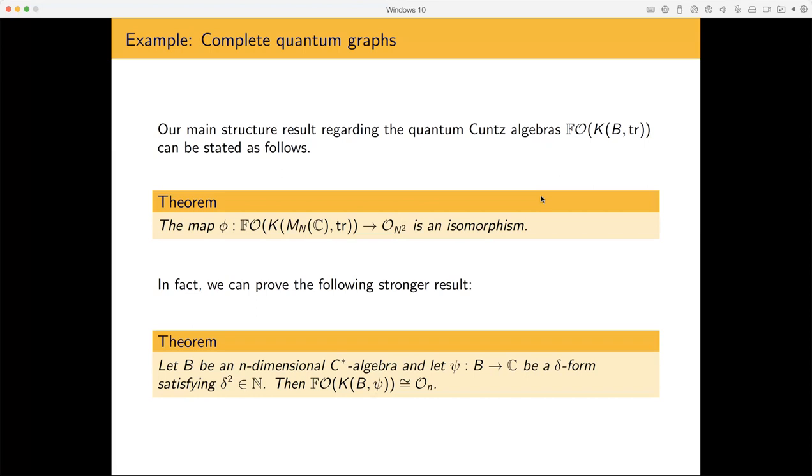If you have your graph with R and S, the range and the source function, and you do, I don't recall exactly, R upper star S lower star, or S upper star R lower star, then one way you get one of the matrices, the one with the zeros and ones, and the other way you get the other one.